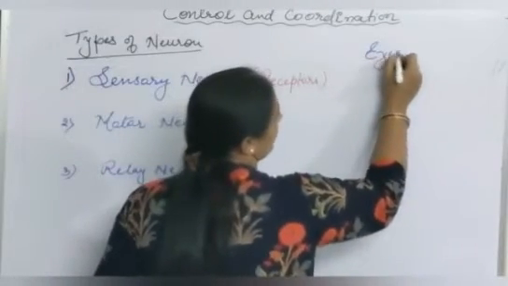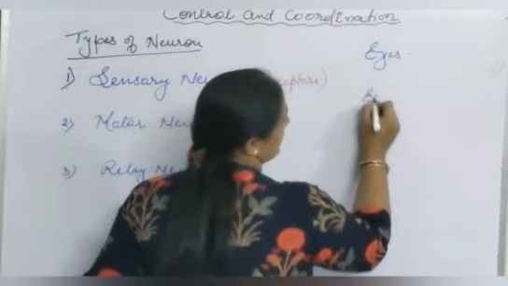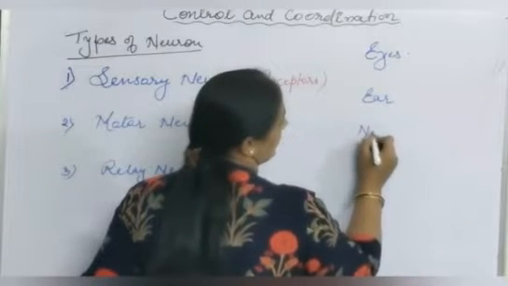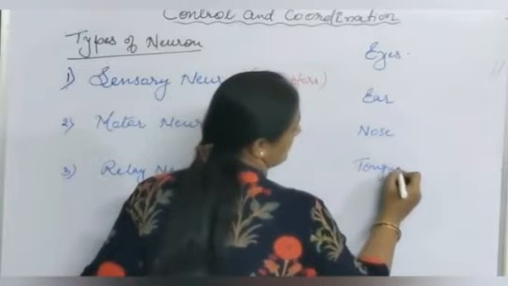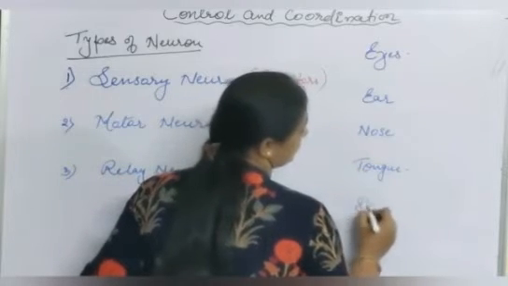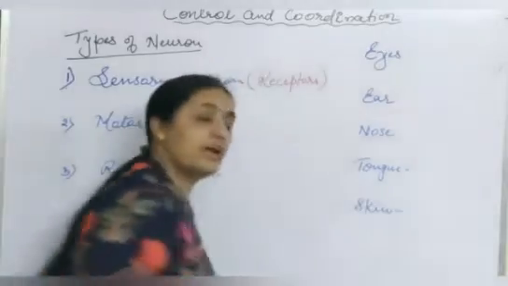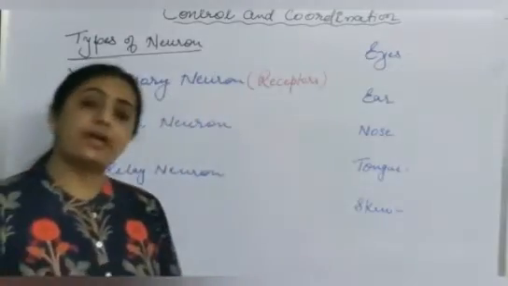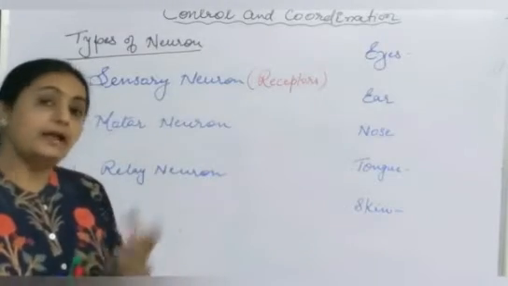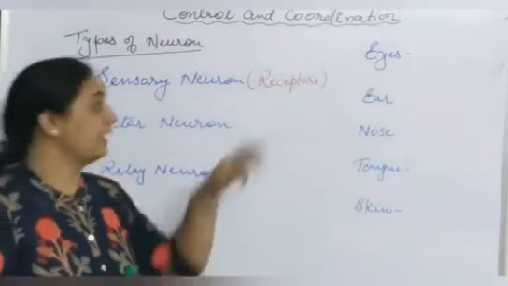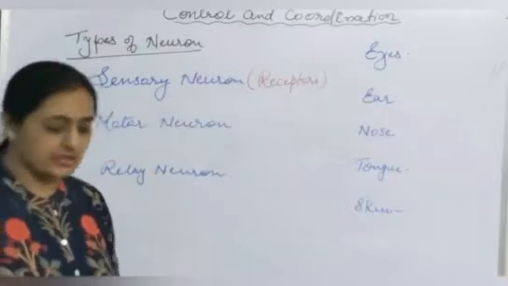Basically 5: eyes, ear, nose, tongue and skin. In these 5 sense organs, the sensory neurons are present and they are receiving external stimuli. That's why they are called receptors.